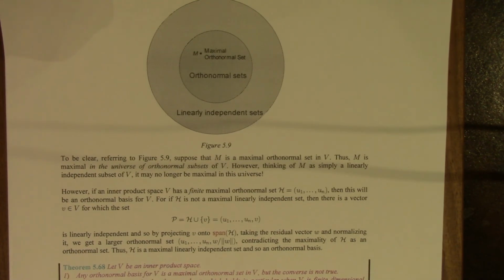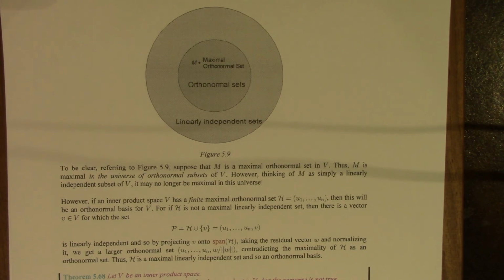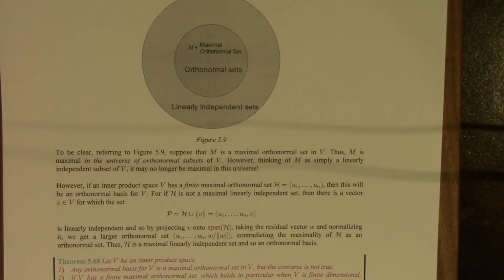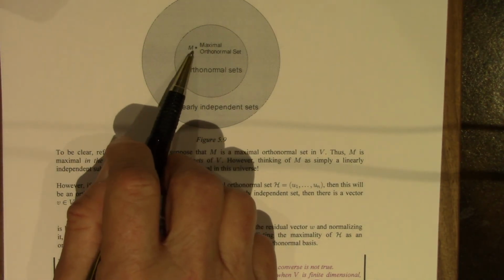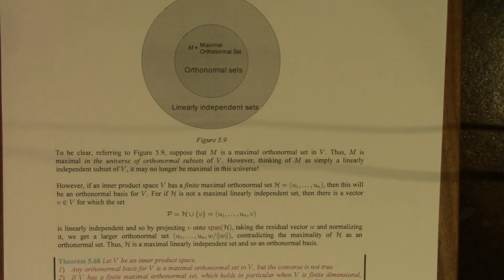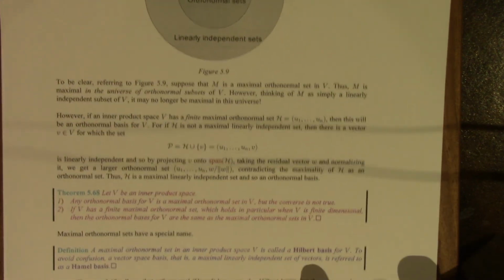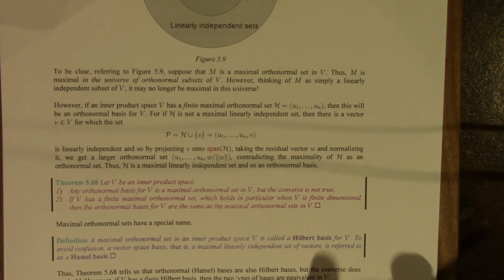But despite the negative result here, if an inner product space should happen to have a finite maximal orthonormal set, so if M here is finite, then it's a different story. Then that will be a maximal linearly independent set. And that's a consequence of the Gram-Schmidt process.